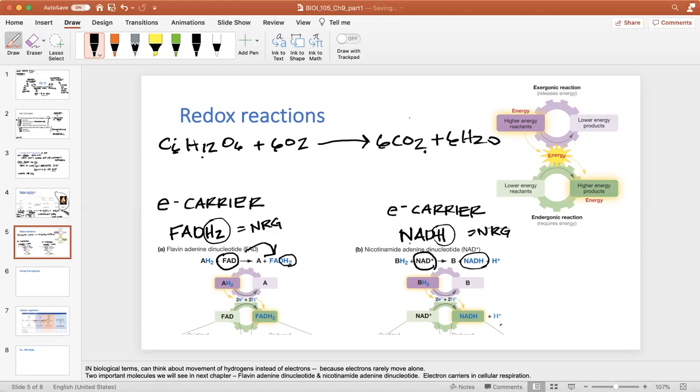And we're actually going to use these guys to help us in our process of making ATP, okay? So these high energy electron carriers are byproducts of this process. They store energy in the form of these electrons. If we break these bonds, they give off energy that we can use later on to make ATP. And I'm going to show you guys how that happens, okay? All right.